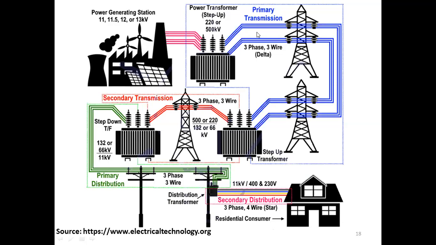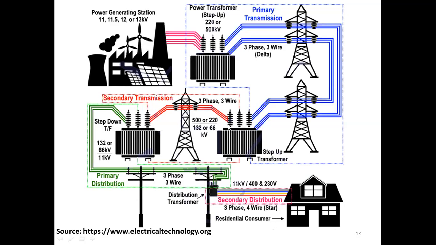Then that is given to the primary transmission system, a three phase, three wire delta connected system. It is given to another transformer, from which we step down that 220 kV to 66 kV.